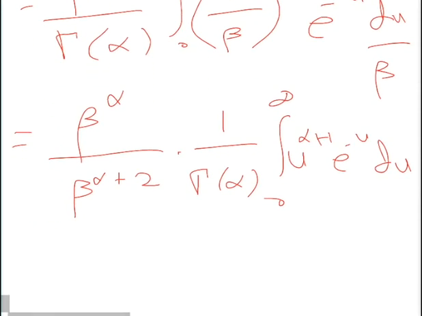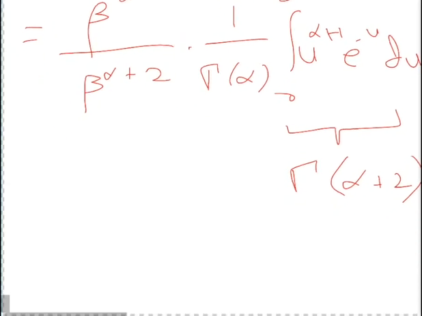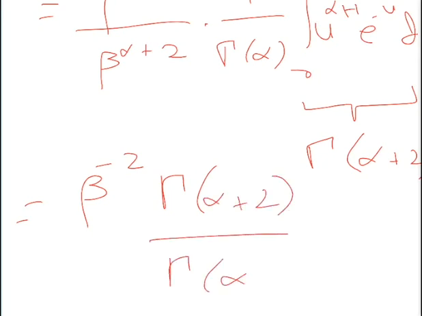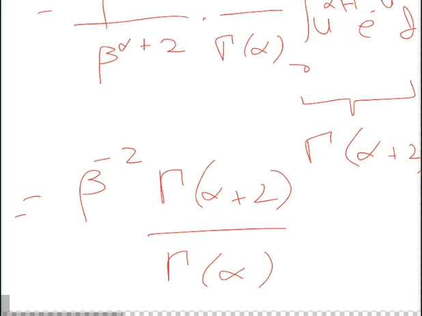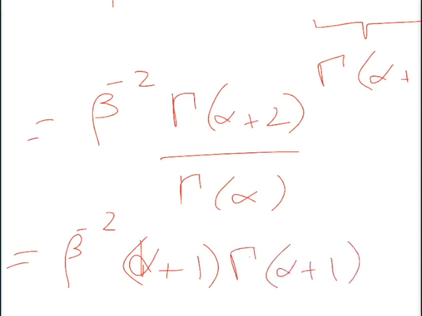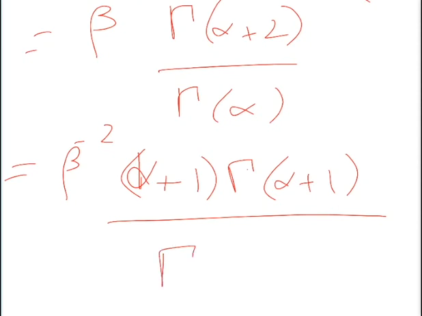This integral is gamma of alpha plus 2. So then my final answer is beta to the minus 2 times gamma of alpha plus 2 over gamma of alpha. This is equal to beta to the minus 2 times alpha plus 1 times gamma of alpha plus 1, divided by gamma of alpha.